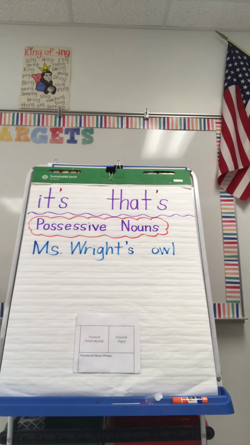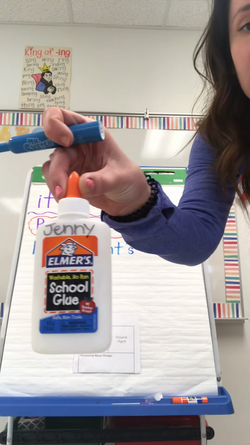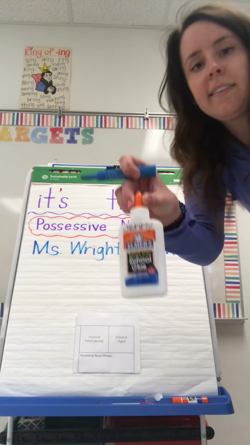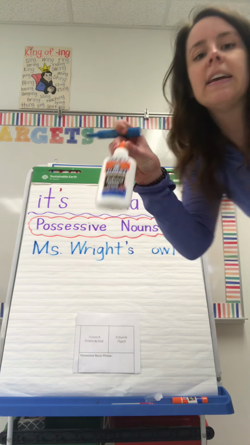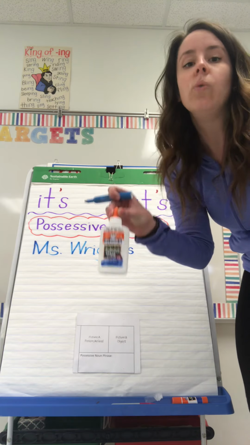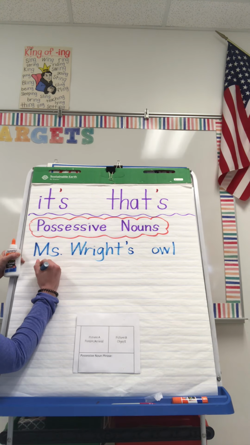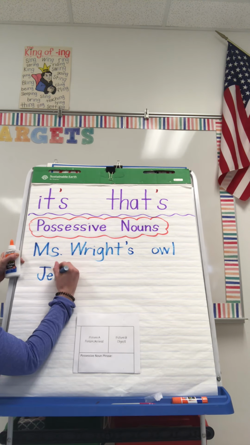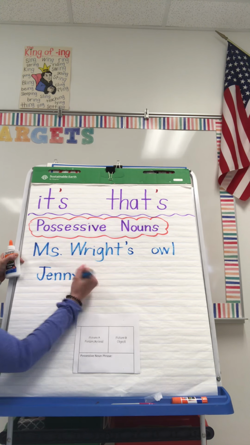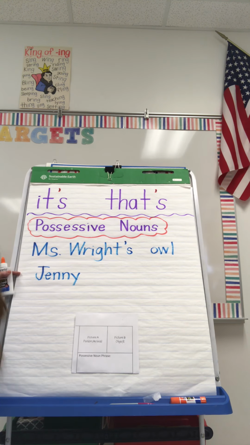Now, I want to show you another example here. Here is a bottle of glue. Now, if you look closely, you can see that this belongs to somebody named Jenny. This is Jenny's glue. She owns this glue. It's hers. So how we would write that is we'd start by writing Jenny's name. So here's Jenny. And we know that it's Jenny's glue.